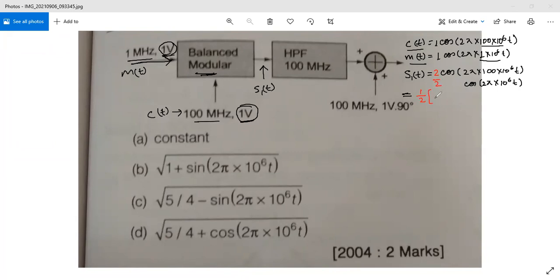And am I audible clearly? Yes, sir. Okay, so 2 cos A into cos B is equal to cos A plus B plus cos A minus B. So for cos A plus B, taking A plus B, we have 2 pi here.